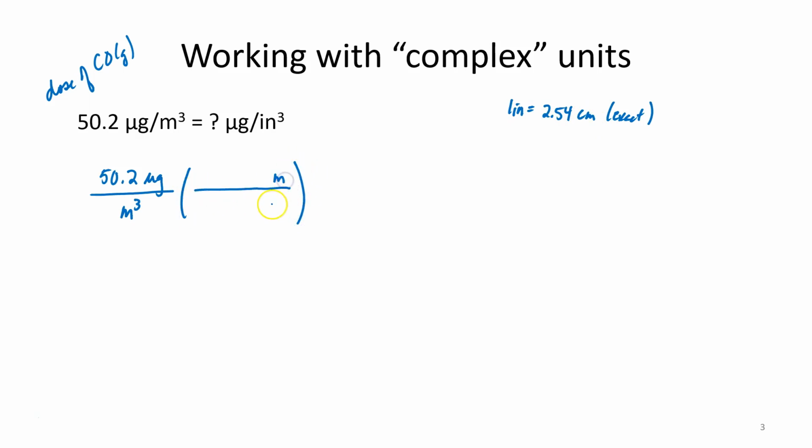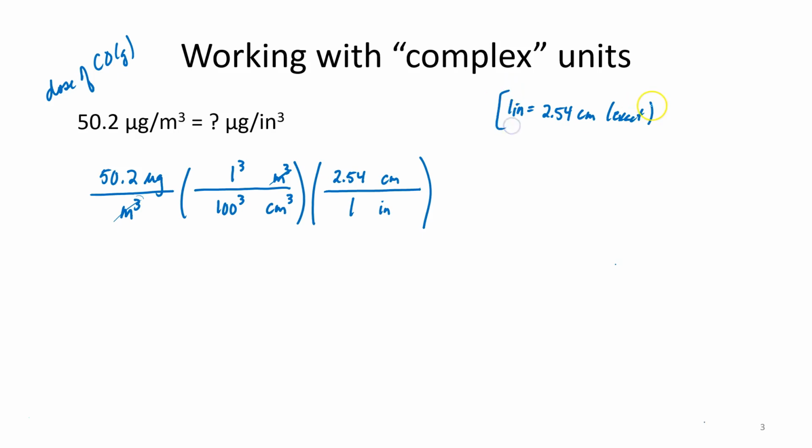So meters to centimeters. Well, for every 1 meter, there are 100 centimeters, but you don't just have meters, you've got cubic meters. So cube the unit and the number upstairs, and cube the unit and the number downstairs. And then one more step. This is where we use this relationship here. For every 2.54 centimeters, there is 1 inch, right?